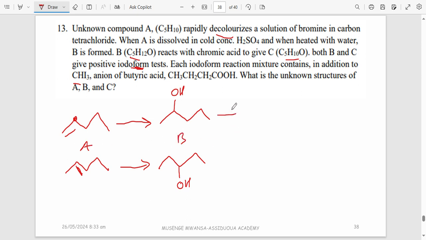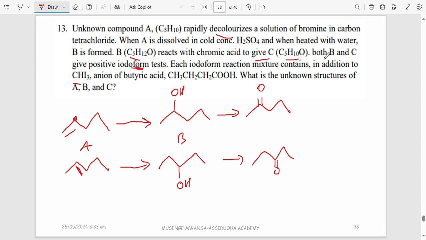And then we've been told that this will react with chromic acid to give C. You know that a reaction with chromic acid is oxidation, converting an alcohol into a ketone or an aldehyde. So this is going to be the product for this one. For this one which is down, the product is going to be this one.